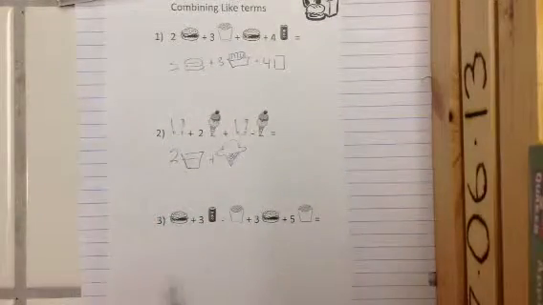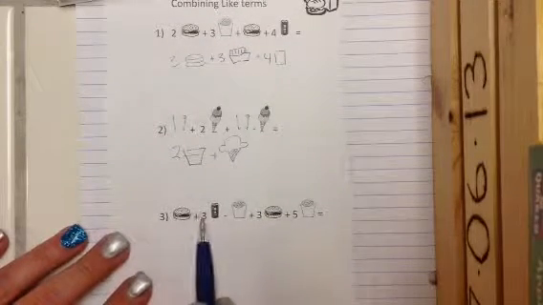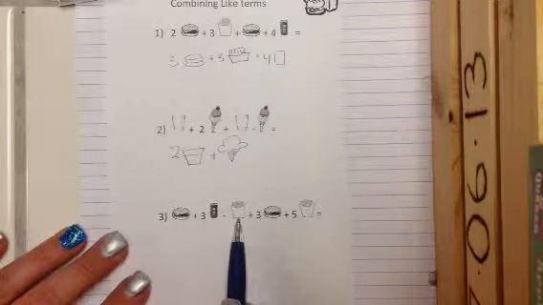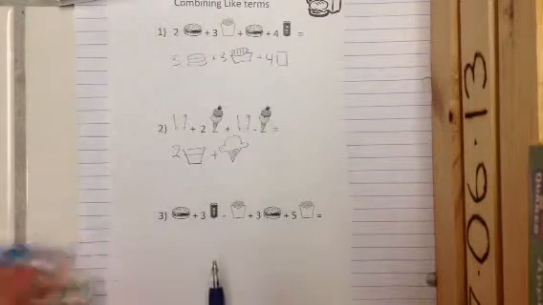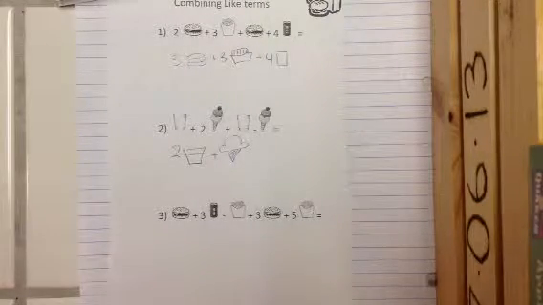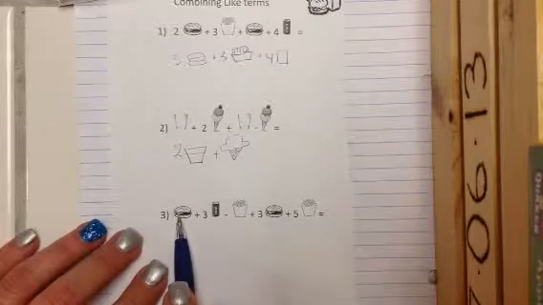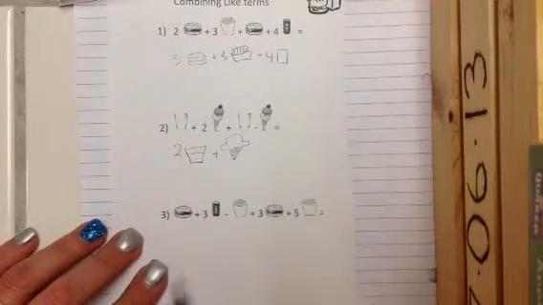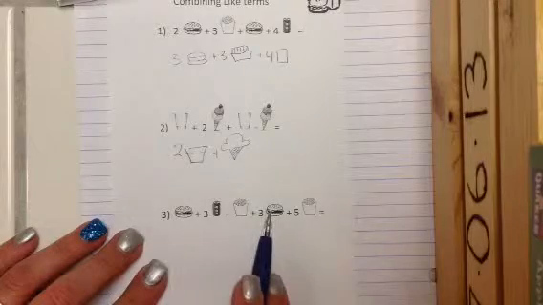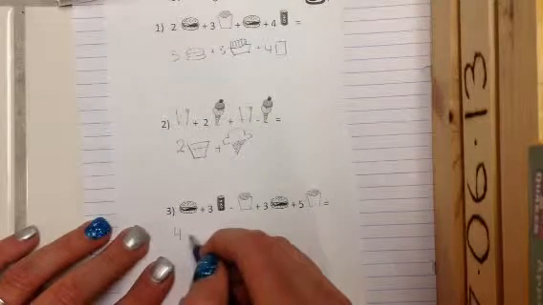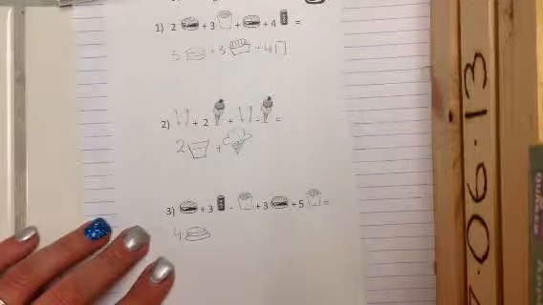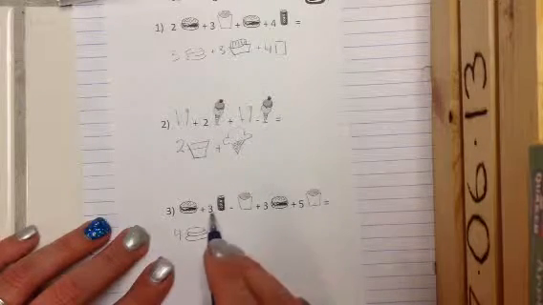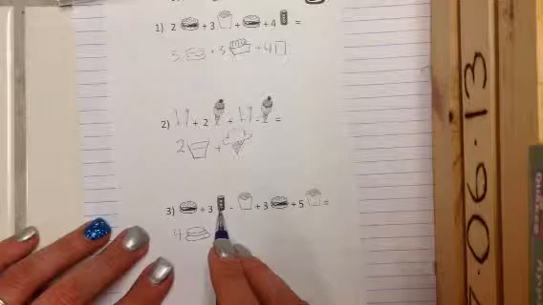For number 3, we have 1 burger plus 3 colas minus fries plus 3 burgers plus 5 fries. So let's combine the things that are like terms, the things that are similar. We're going to combine burgers with burgers. So I have 1 burger plus 3 burgers. That gives me 4 burgers. I have 3 colas here.